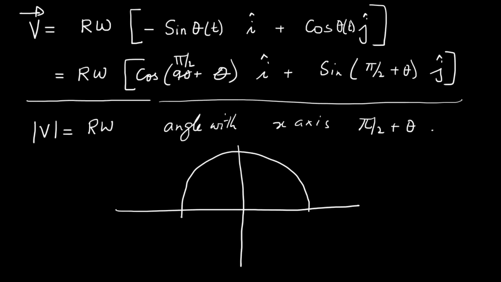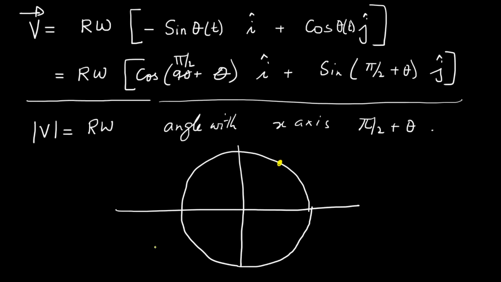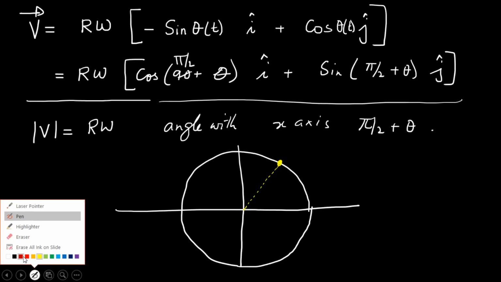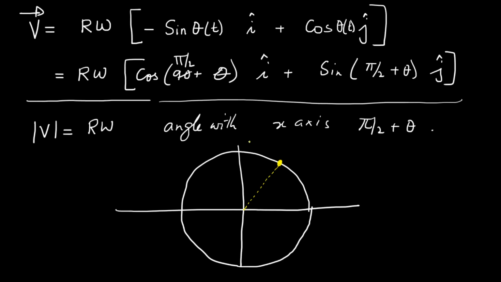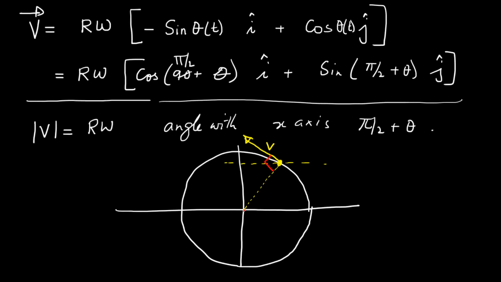Here I have an object that is moving with uniform circular motion, and I will tell you that the velocity is in this direction, and this is perpendicular to the so-called position vector. This is the position vector r, and this is the velocity vector. So it is tangent to the circle.